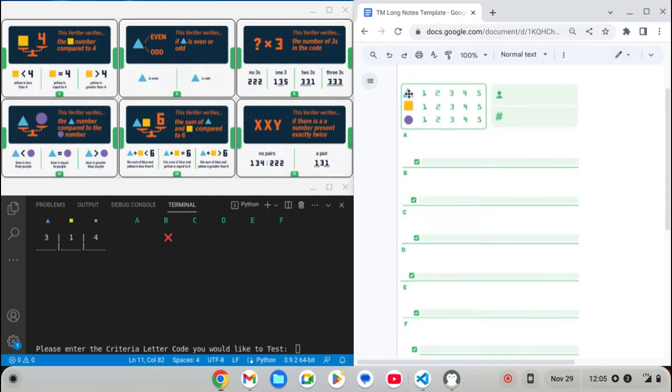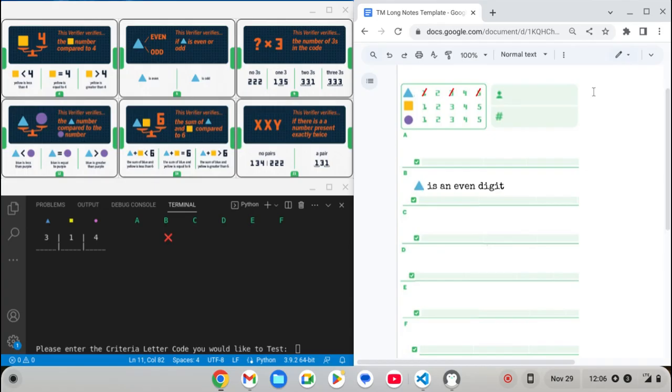So let's go ahead and type that up in our notes in section B. And we'll say that triangle is an even digit. And since it is even, let's go ahead and cross out the 3 odds, so crossing out 1, 3, and 5.